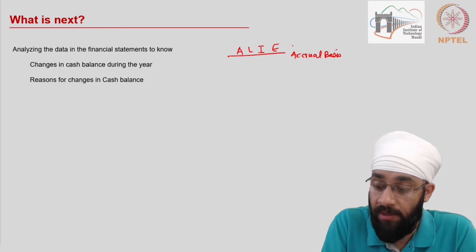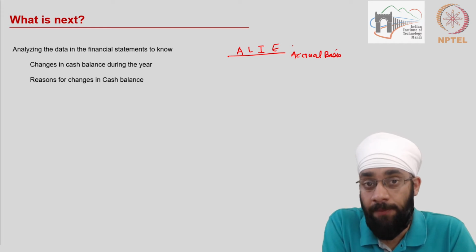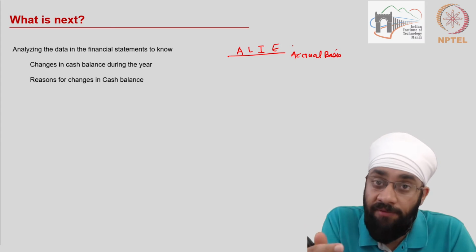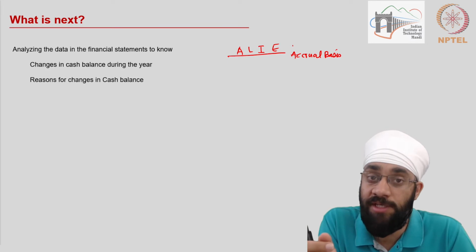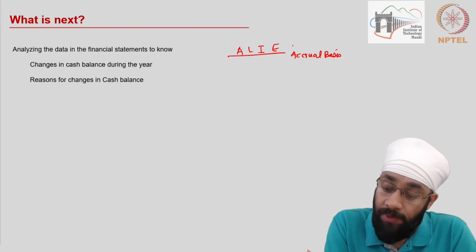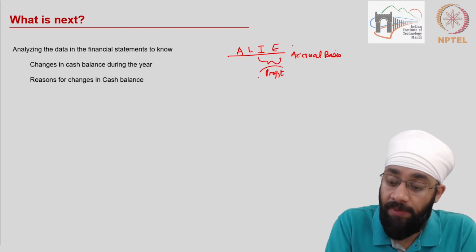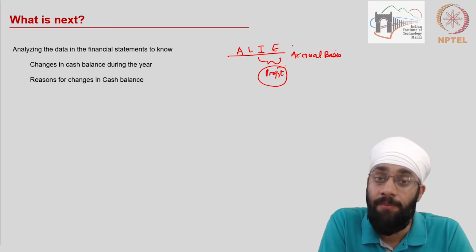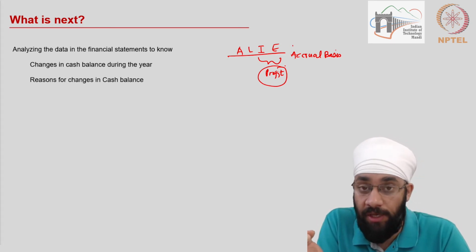Accrual basis meaning whether or not cash is paid, whether or not cash is received, if any income or expense has become due, if you have received or delivered the benefit against those expenses or incomes, you have to consider those expenses or income as belonging to a given financial year, which means that the profit that you calculate in the income statement is not necessarily equal to the cash profit that you make. So that information is missing in the final accounts that we have.